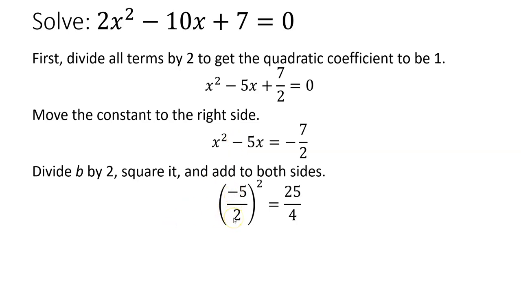So negative 5 over 2 squared equals 25 over 4. Keep in mind that b divided by 2 value, the negative 5 over 2, that's what we're going to want in our parentheses on the left side. So first, let's add 25 fourths to both sides. We get x squared minus 5x plus 25 fourths equals negative 7/2 plus 25 fourths.